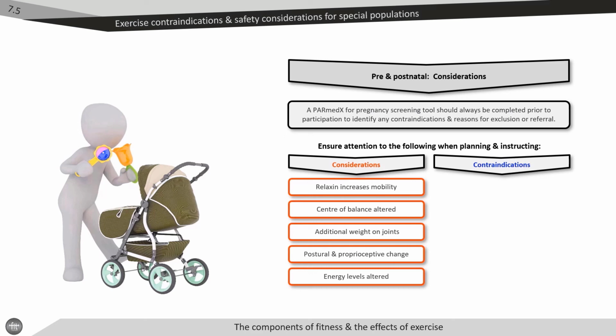As with all population groups, any condition indicated on a health screen will be a contraindication to exercise and will need a qualified referral fitness professional to program and supervise the individual.